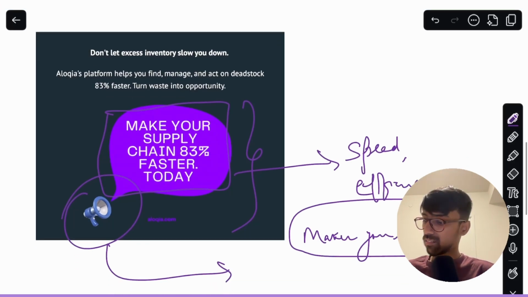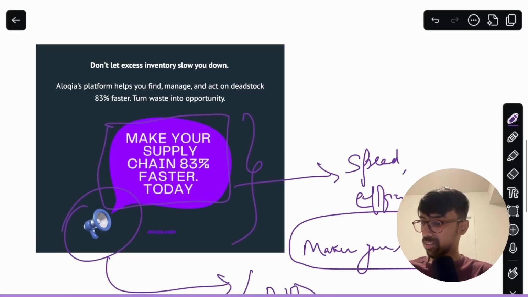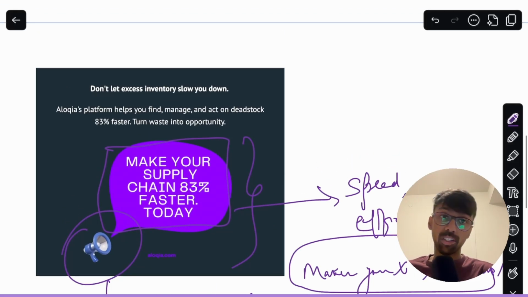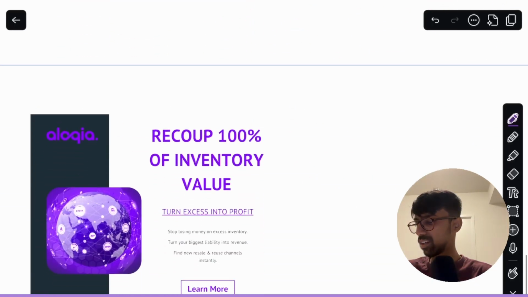So don't let excess inventory slow it down, and we're using this megaphone to make it loud so that they stop and just imagine what would happen if they don't solve this problem in time. So this was the second ad, and let's go into the third one.